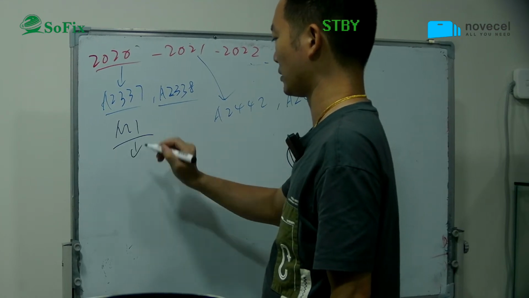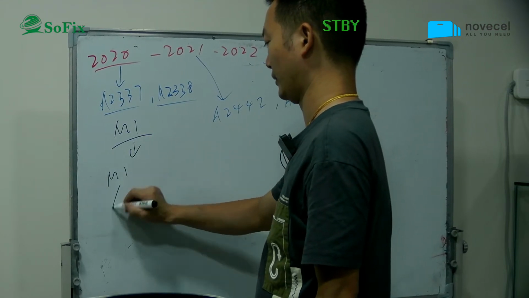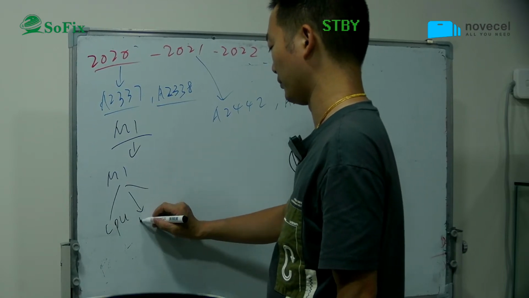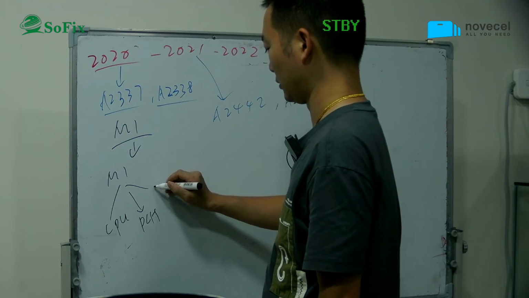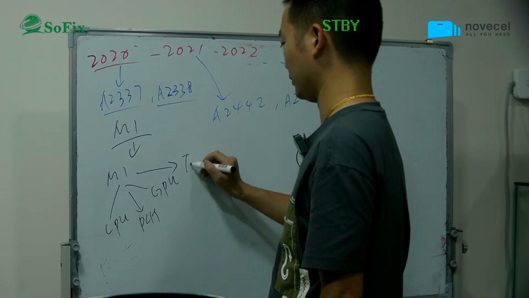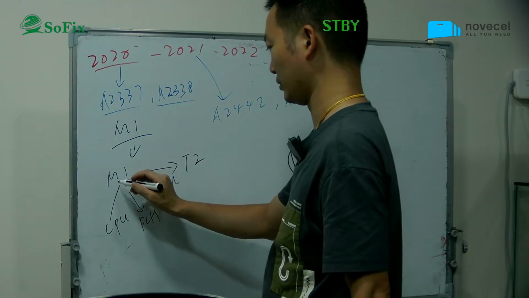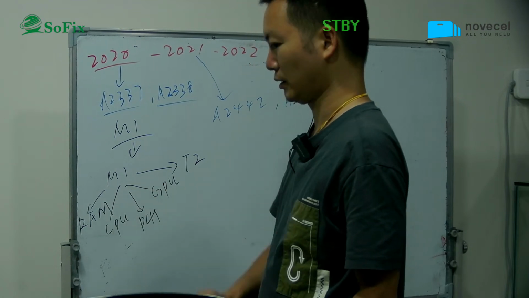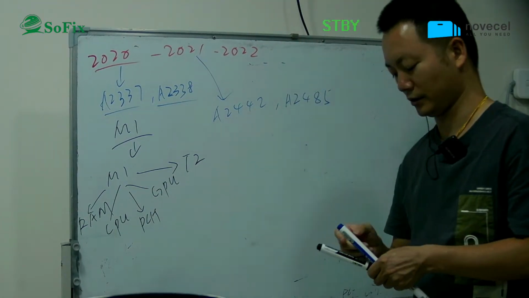The configuration, we are talking about the M1 chip. Before, they had the CPU, the PCH, also the GPU, and the T2. Now the T2 is inside the M1, and the memory, RAM, is together inside the M1 chip.